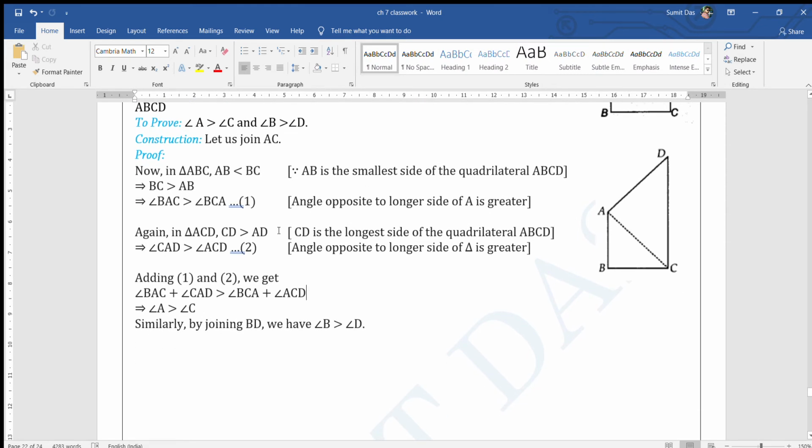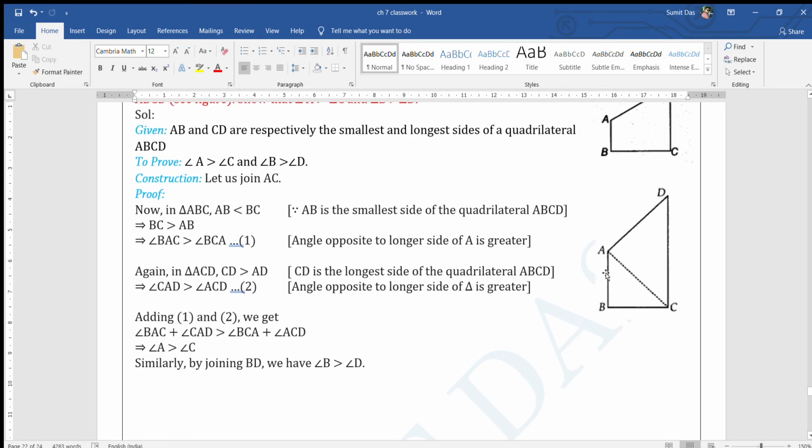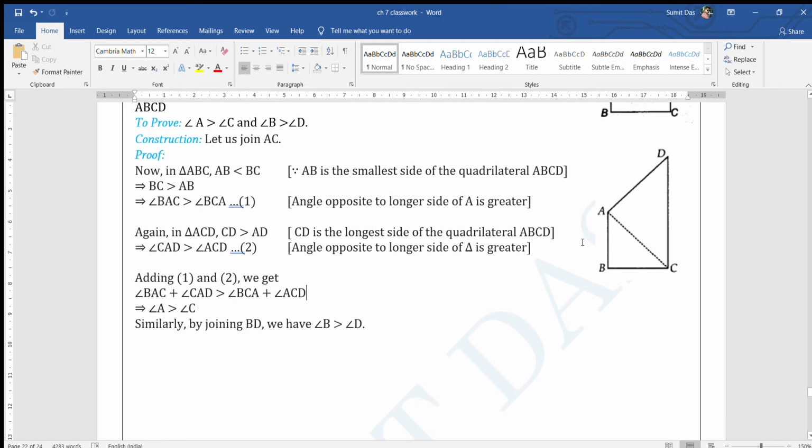Now in triangle ABC, it is given AB is less than BC, because in this quadrilateral AB is the smallest side. So BC is greater than AB.